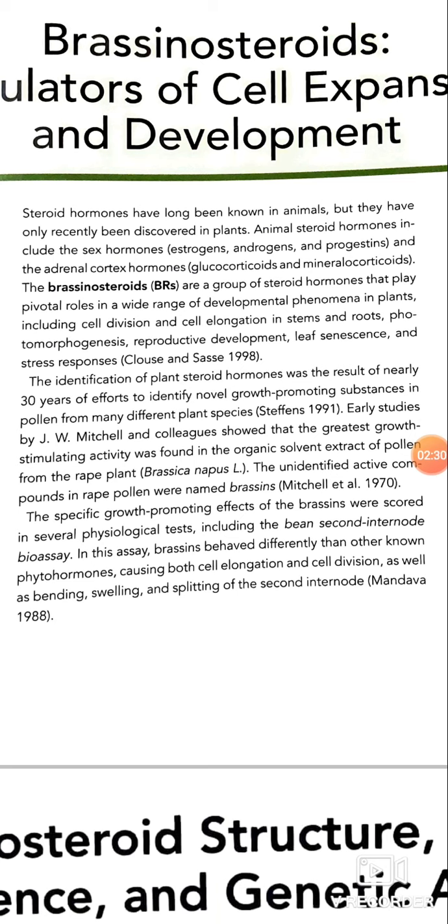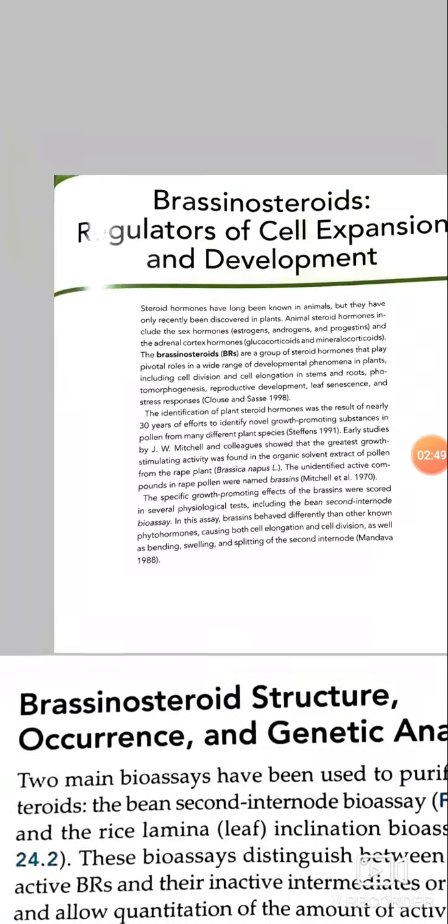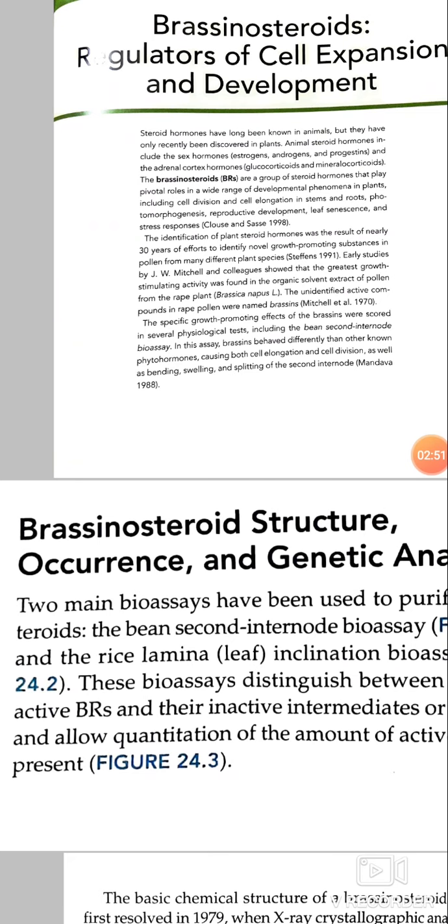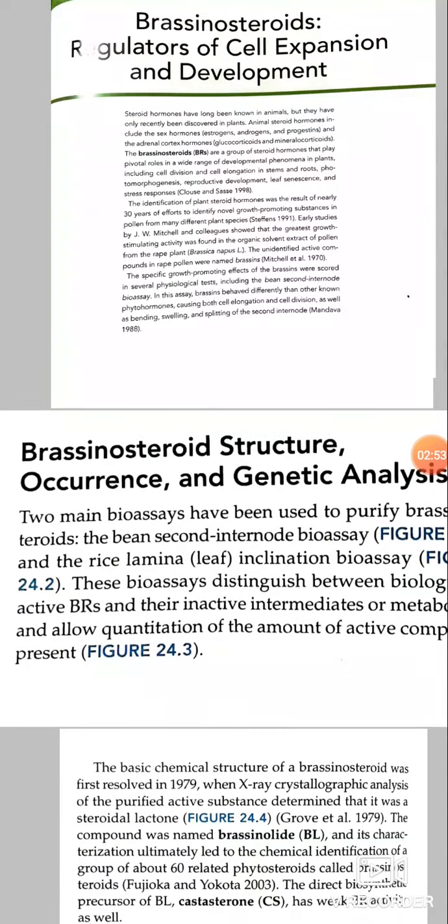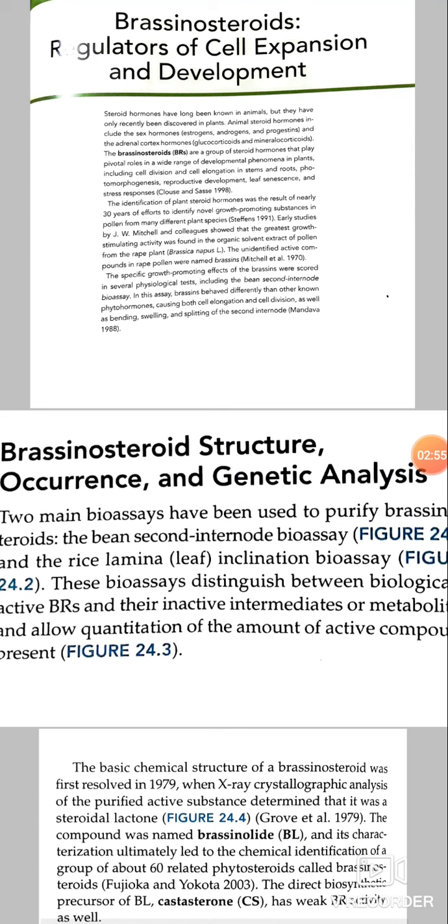In this assay, brassins behave differently than other known phytohormones, causing both cell elongation and cell division, as well as bending, swelling, and splitting of the second internode. Brassinosteroids: structure, occurrence, and genetic analysis.